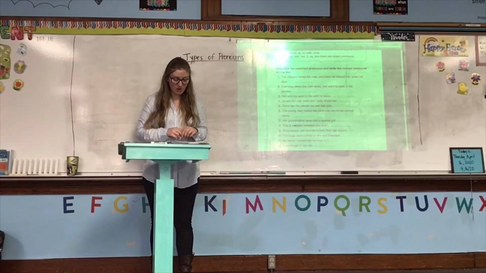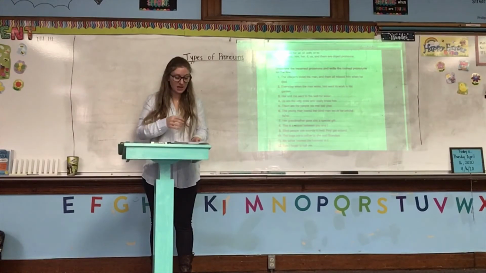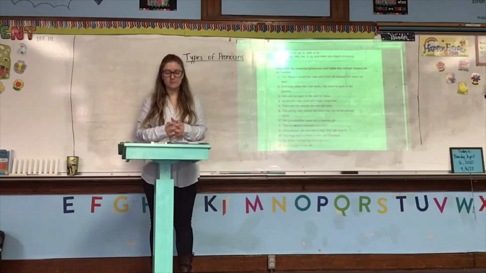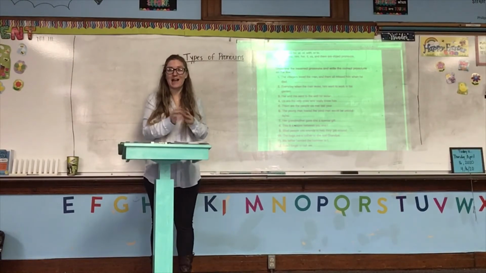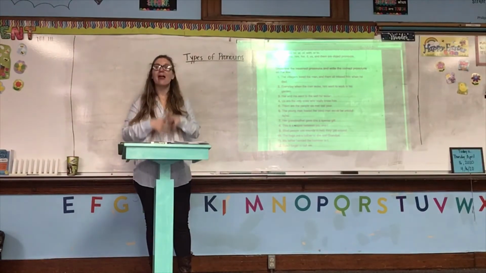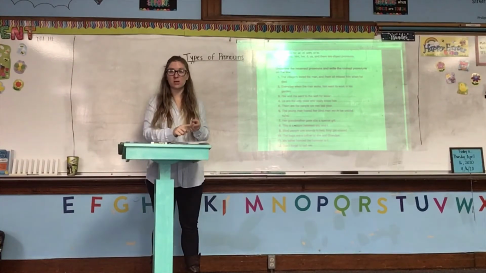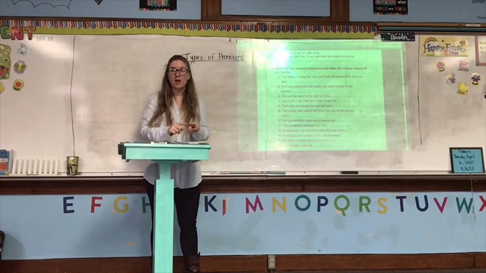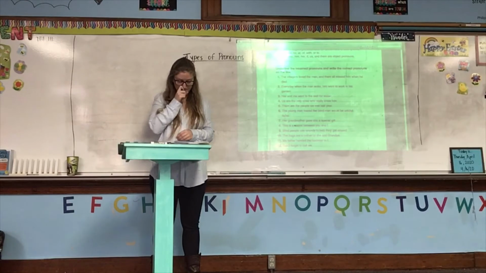Use an object pronoun after an action verb or after a word such as for, at, of, with, or to. Me, you, him, her, it, us, and them are object pronouns. So who or whatever the action is being done to, that is when you would use an object pronoun. So remember, subject pronoun does the action. Object pronoun has the action done to it.